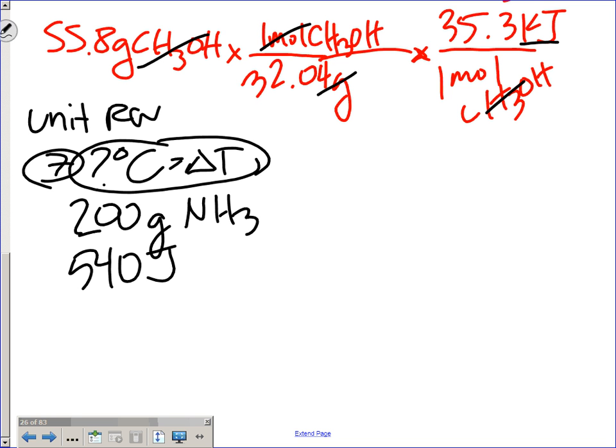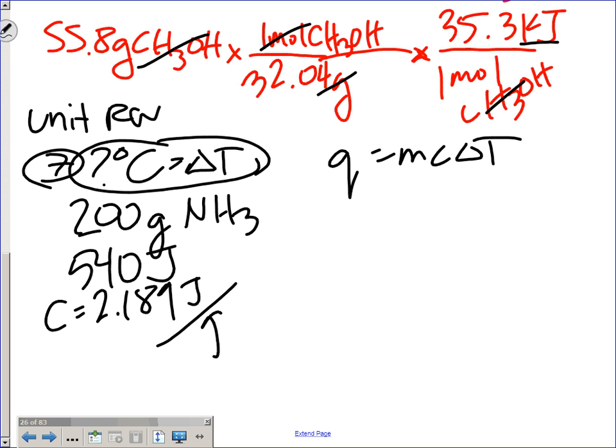Q equals mC delta T, if I have Celsius and mass and joules. The only thing that's not given to you specifically in that line of the question is the specific heat capacity, but it's given to you in the table as C equal to 2.189 joules per gram degree C. This is Q as heat. This is m for mass. Plug in and solve for your delta T.